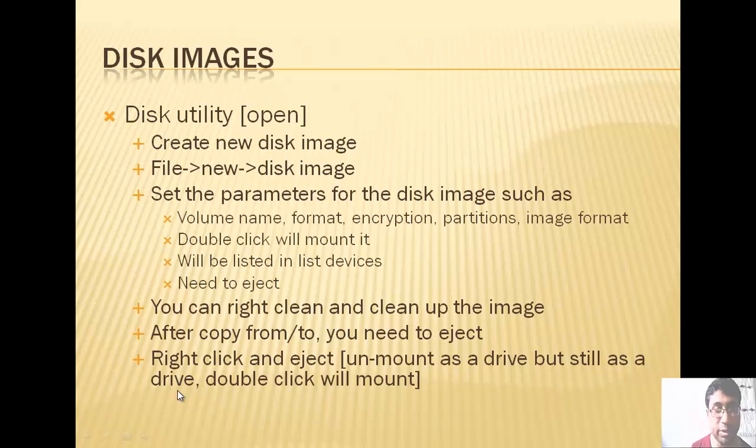I think this drive is actually a file. Right click and eject will unmount it as a drive. It will no longer be treated as a separate hard drive, but it can still be accessed through the file system. And if you double click it again, it will get mounted and be treated again as a drive.